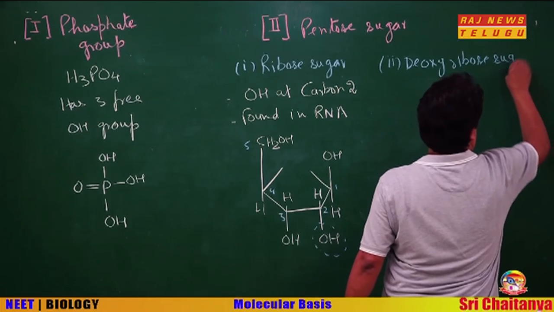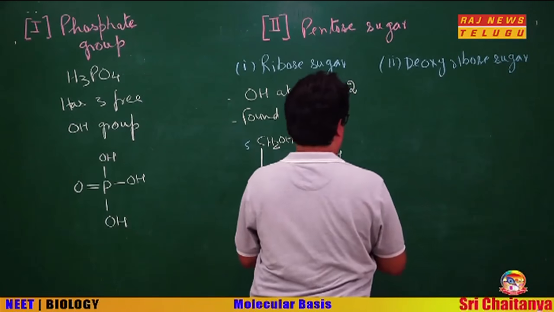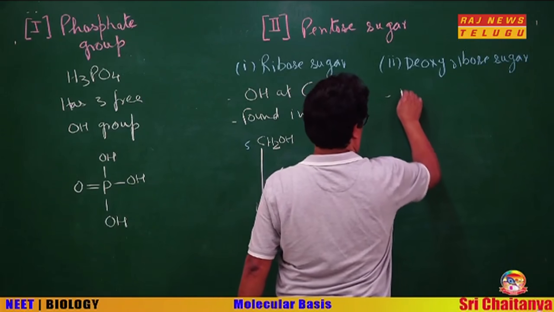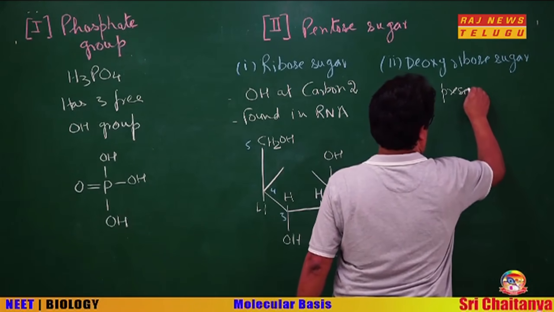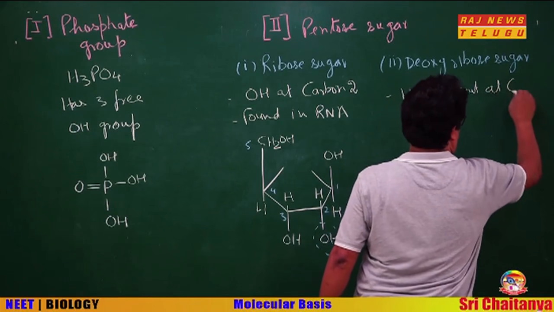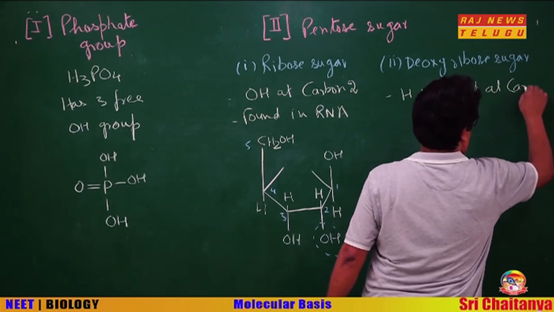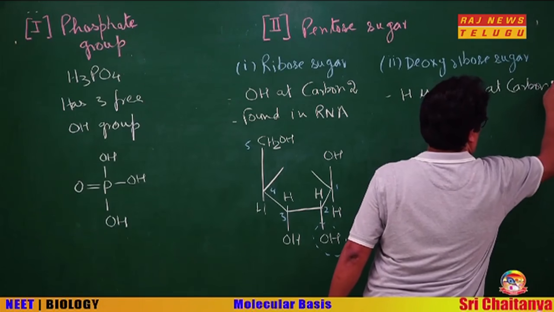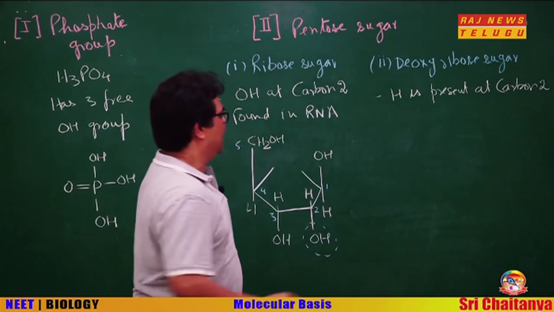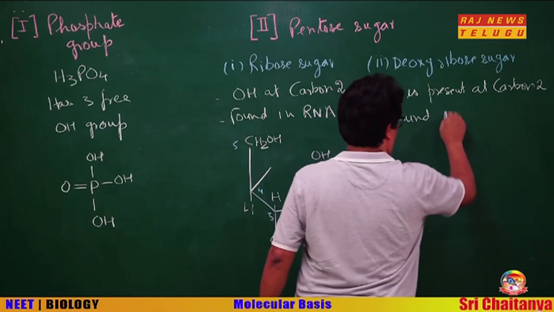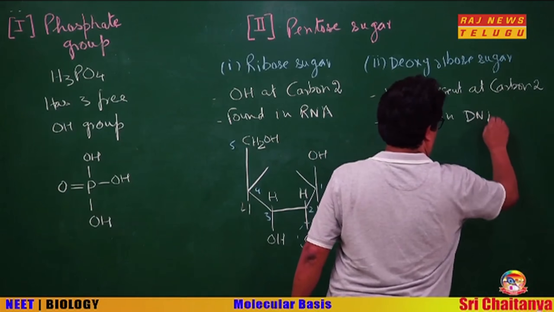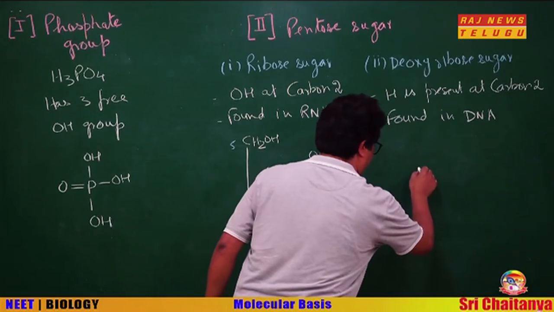On the contrary, in deoxyribose sugar, H is present at carbon 2, and it is found in DNA. So this is the only difference, children.